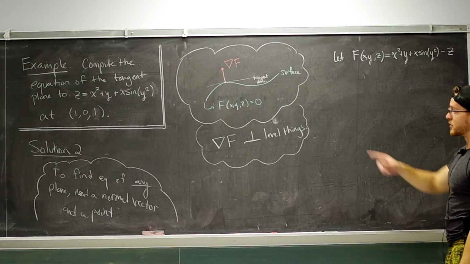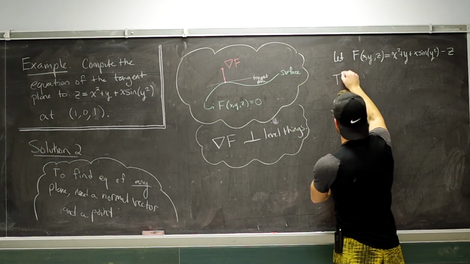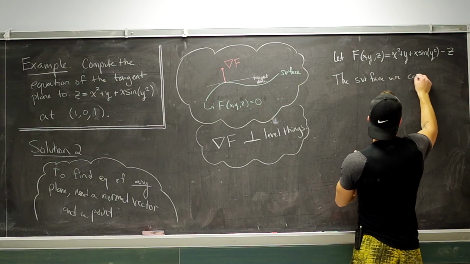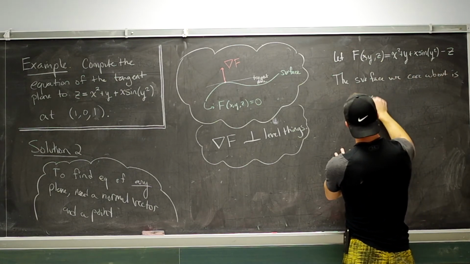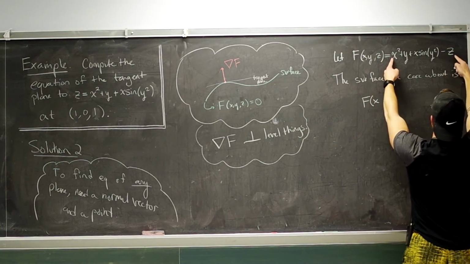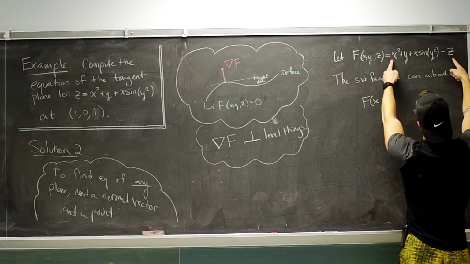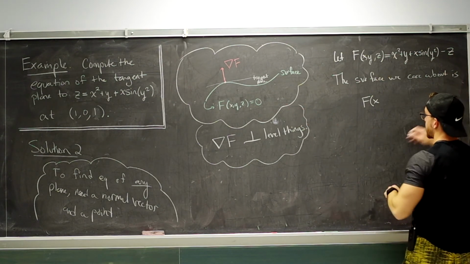The surface we care about is then given by the equation this equals 0. Because if this equals 0, then you can move the z back to the other side and you get exactly that equation.